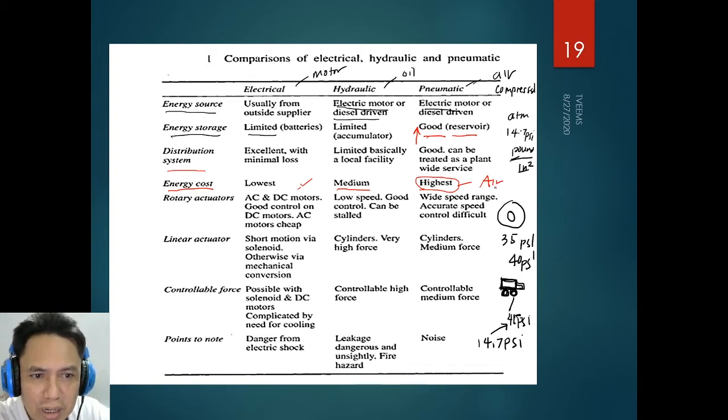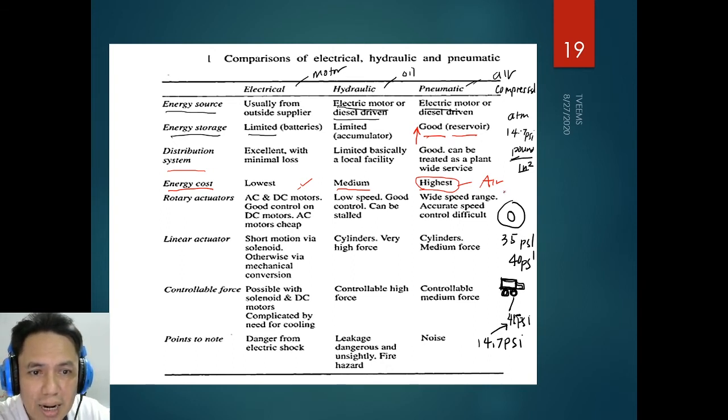You cannot return the used air to the compressor, because the compressor tank or reservoir has a higher pressure, like 10 bars. What is 10 bars? About 100 psi, but the atmosphere is just 14.7.